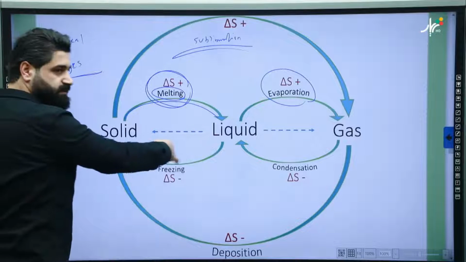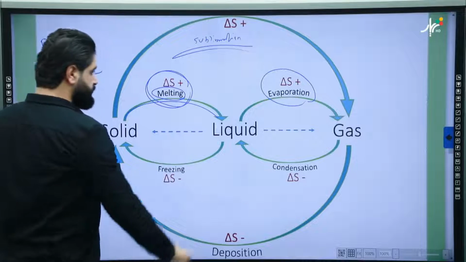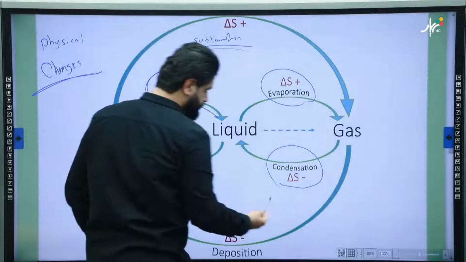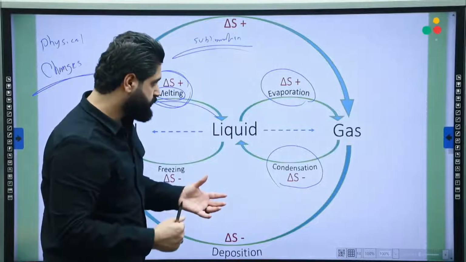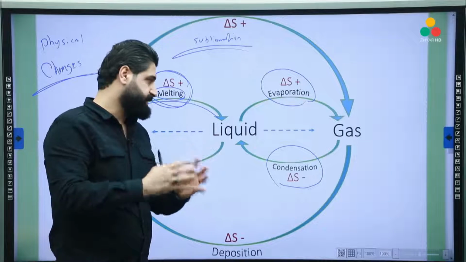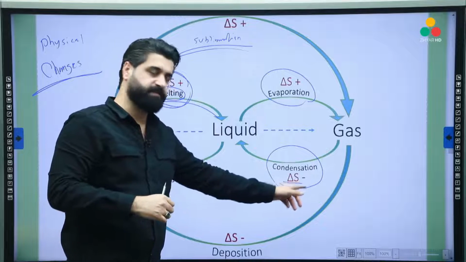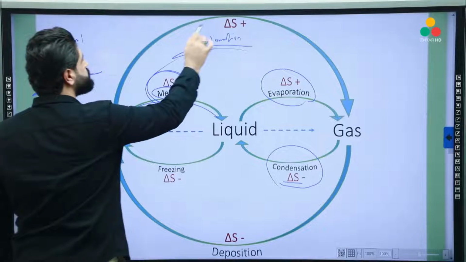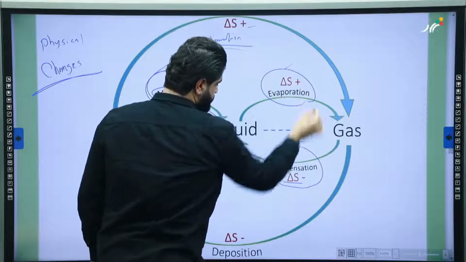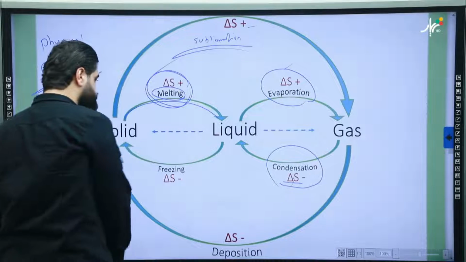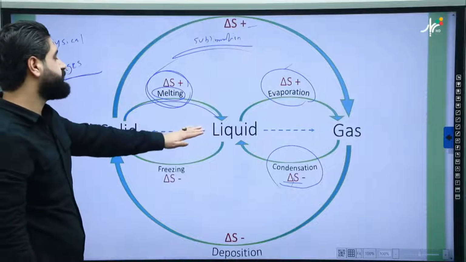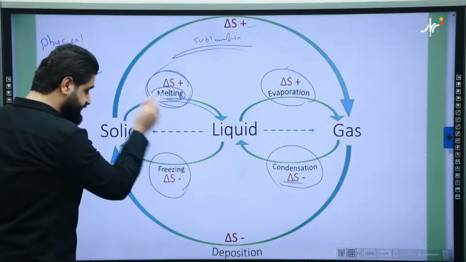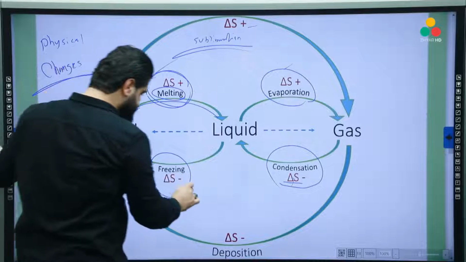And in the inverse case, from gas to liquid, called condensation, of course the particles are going to have less randomness, so delta S decreases, a decrease in entropy. Here, increasing entropy, increasing entropy, increasing entropy. But this one will be decreasing in entropy. Conversion from liquid phase to solid phase is called freezing. In freezing, delta S is negative, of course, decreasing in entropy.